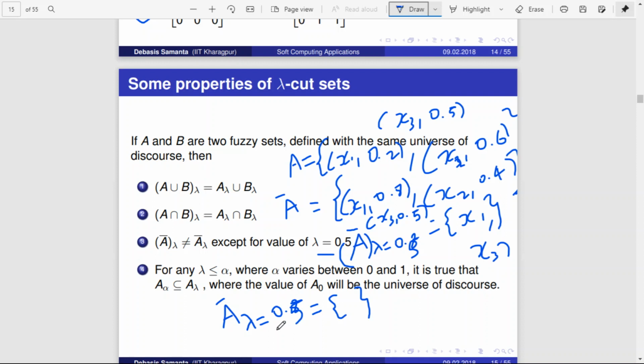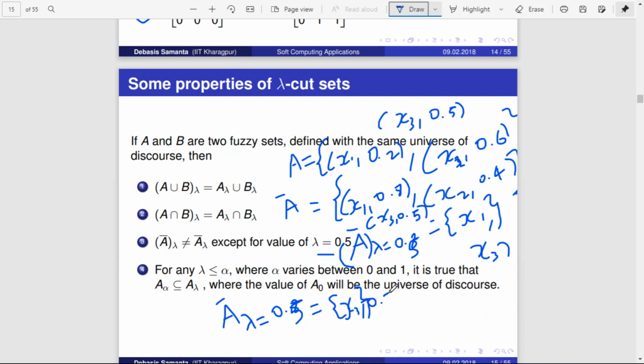So what we will get: first we are performing the lambda cut, A lambda, that is 0.5, which is greater than or equal to 0.5. That is x3 we will get, and x3 value is 0.5.